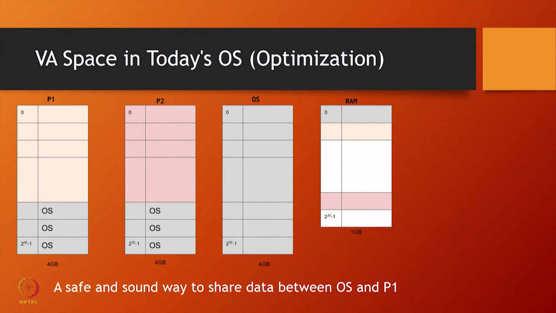Now, that means if P2 writes something into the kernel, P1's page table will have a pointer to access that. If I start accessing it, whether I will get it or not is another question, but there is an access through the page table of P1. I can go and access what P2 has written into the kernel.